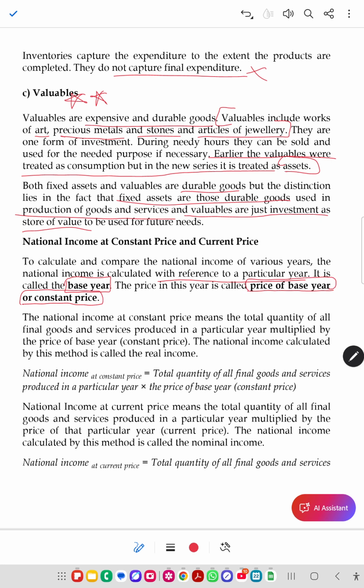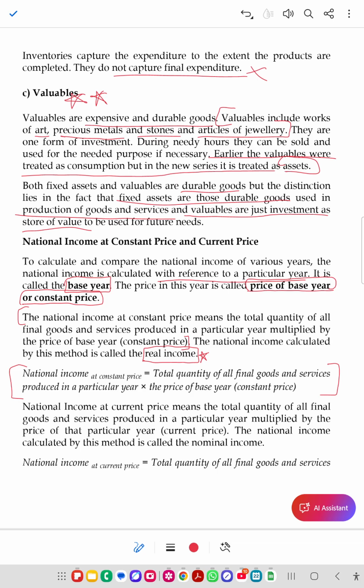The national income at constant price means the total quantity of all final goods and services produced in a particular year multiplied by the price of the base year, the constant price. The national income calculated by this method is called real income. National income at constant price is equal to the total quantity of final goods and services produced in a particular year into the price of the base year, the constant price.